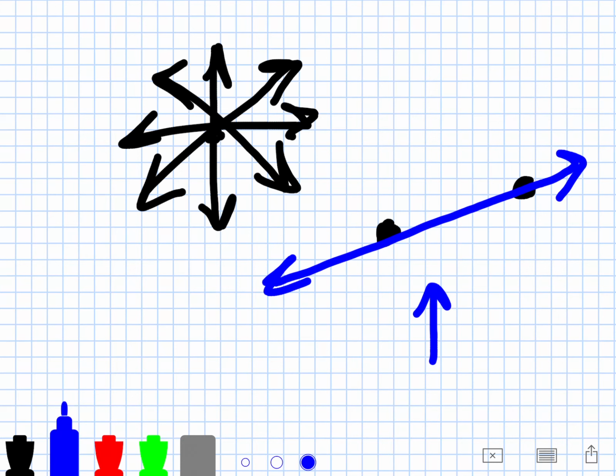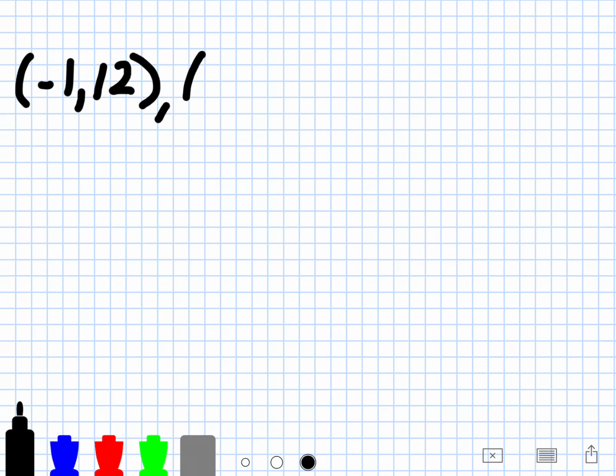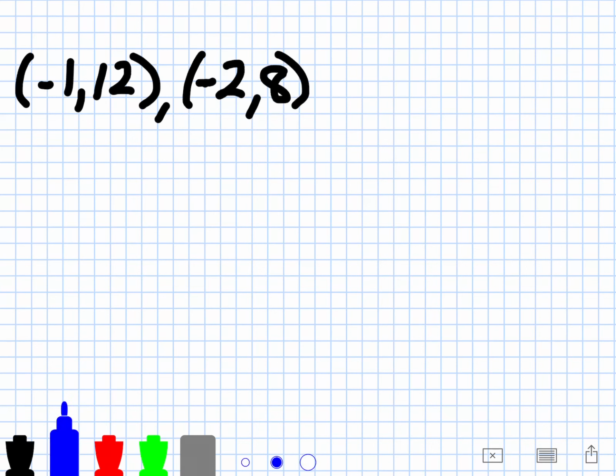Sorry, but I digress. So step 1, let's go ahead and do example 2 following the steps. Step 1, let's write our stuff down. Example 2 says -1, 12, and -2, 8. I'm going to label my points.